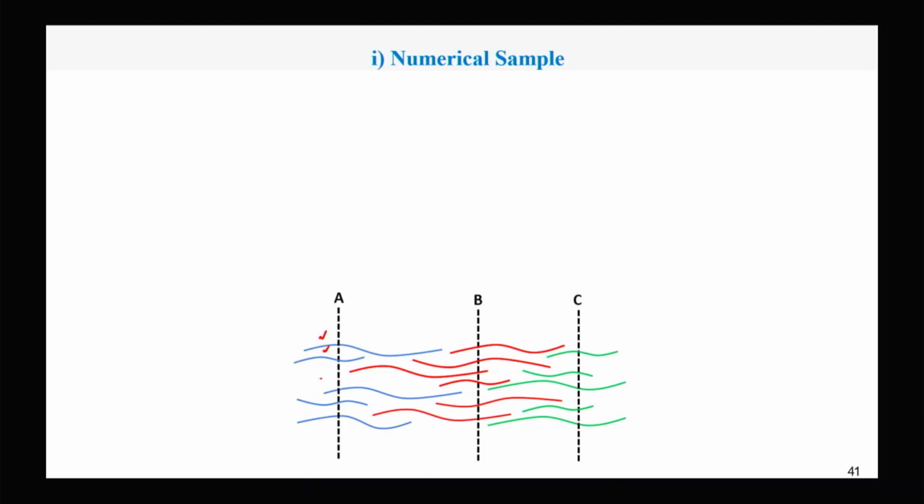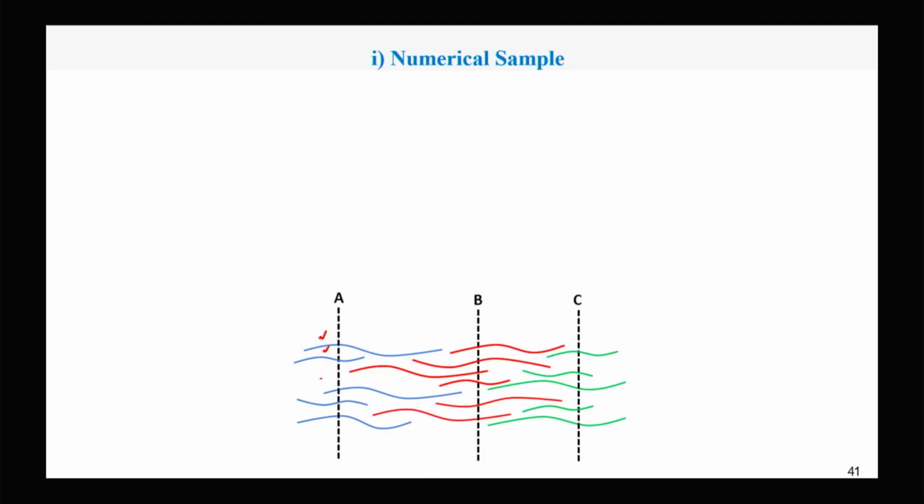Now next, after A, I am again gripping B. So C is getting unaffected. Then I am gripping C. Then D is getting unaffected. In this way, I will keep on taking the sample, and then I will put together everything.